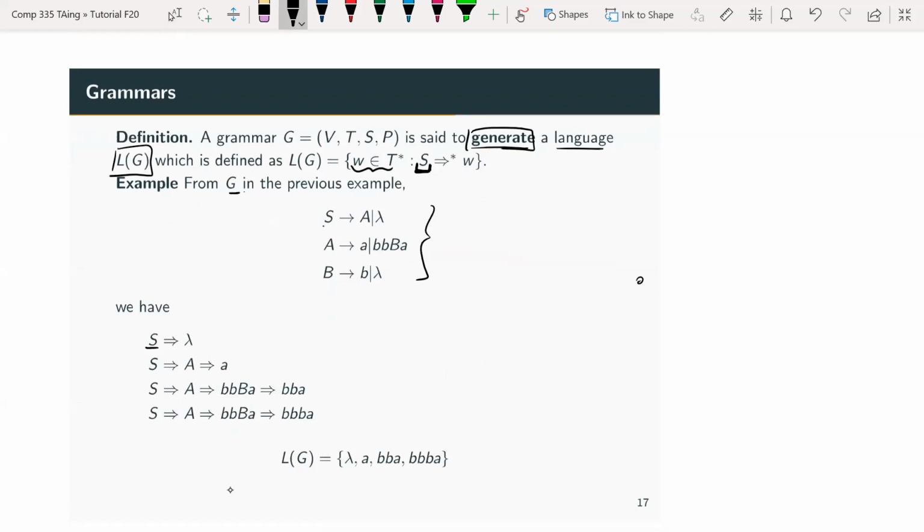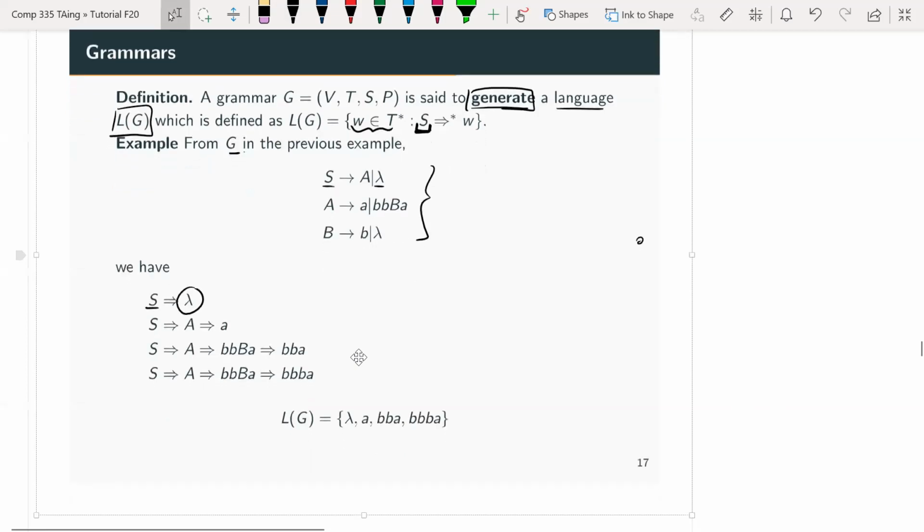Well, if you just replace S with lambda, then you're just going to get the symbol lambda, right? So that's the first string that can be generated by G. The other one is if instead of using lambda, I replace S with capital A and then capital A with little a. I can also see that the grammar G generates the symbol a, right? So that's why I put it in L of G.